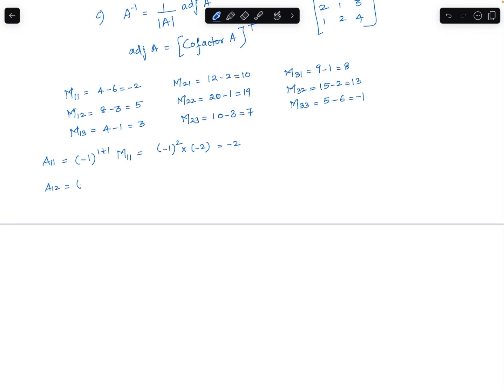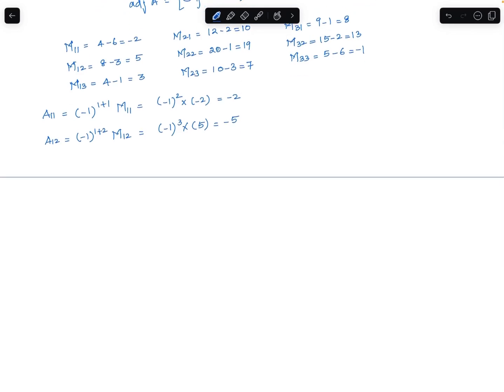A12 is equal to minus 1 to the power 1 plus 2 times M12, which is minus 1 to the power 3 times 5. So it's minus 5. A13 is minus 1 to the power 1 plus 3 times M13, minus 1 to the power 4 times 3, which is 3 itself.